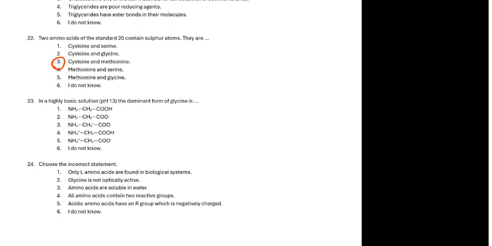So 23. In a highly basic solution, pH 13, the dominant form of glycine is. So let's draw the structure of glycine so that I explain properly. Glycine is like this, 2 hydrogens, NH2, COOH. So at neutral pH, this one exists as a zwitterion.